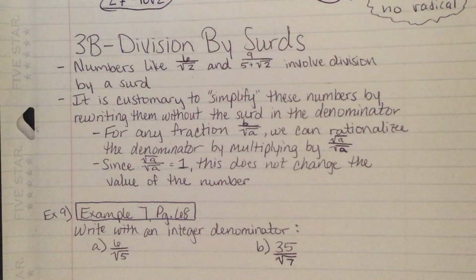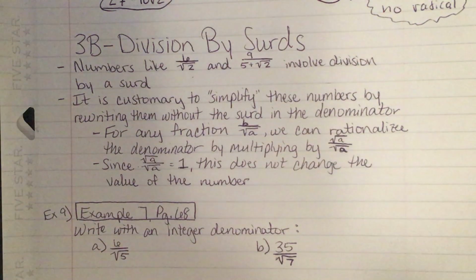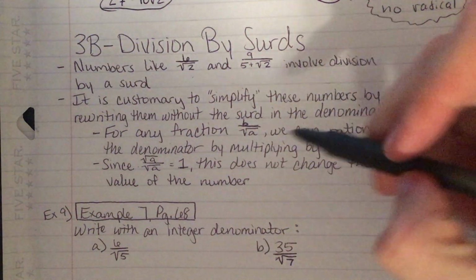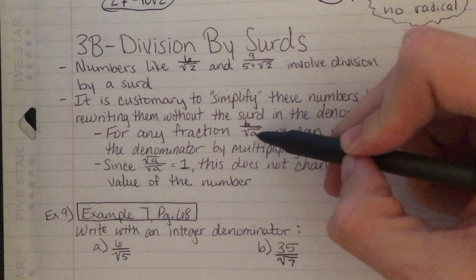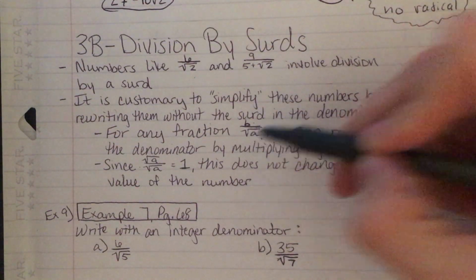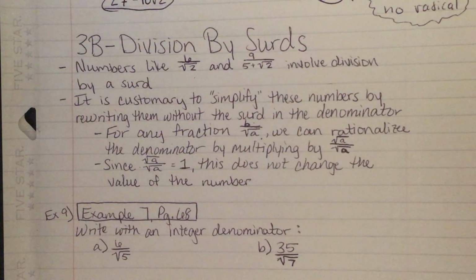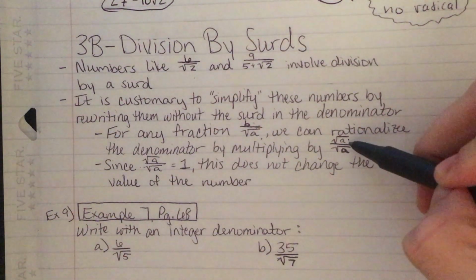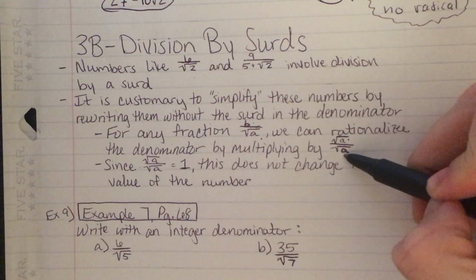And that can look like one of two ways. One of them is the radical conjugate that we just looked at. But if you've got a square root in the denominator, if we had something over the square root of a, what you're going to do is multiply the top and the bottom by the square root of a divided by the square root of a.